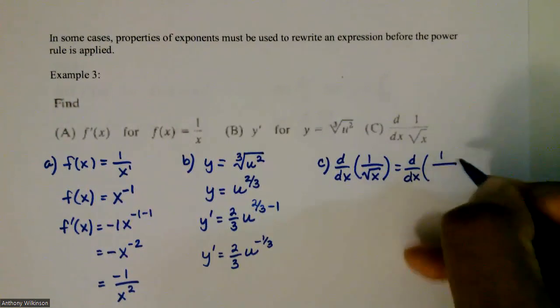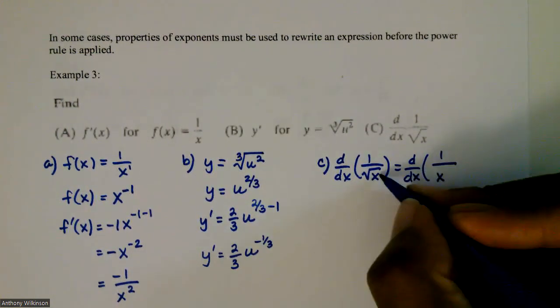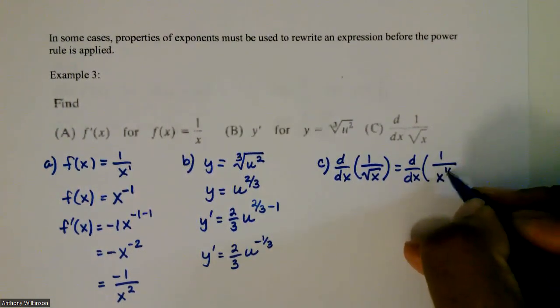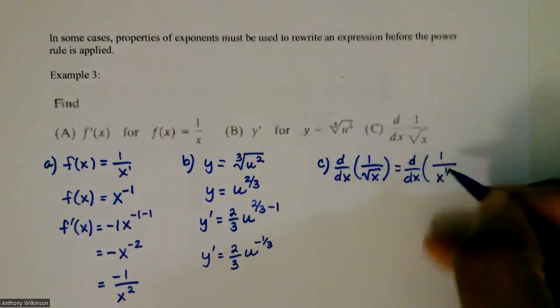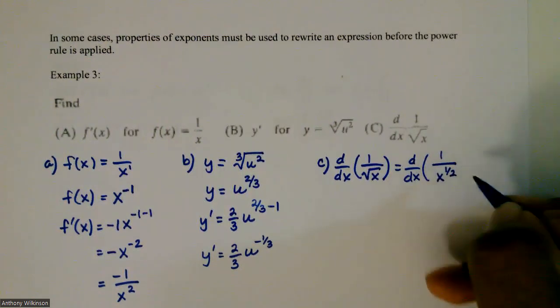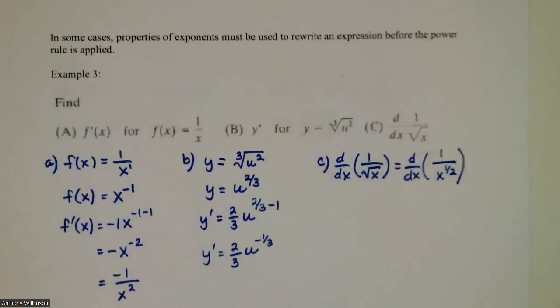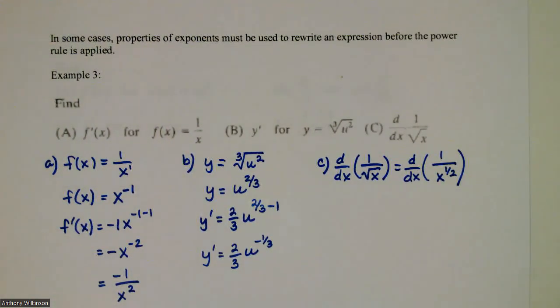The exponent for the x is a 1, so the 1 will be your numerator. This is the square root, so the index is the understood 2. So here we got 1 over x to the 1/2, and we want to find its derivative.